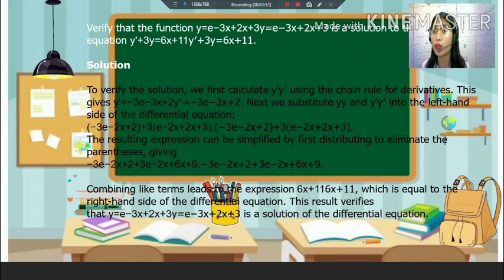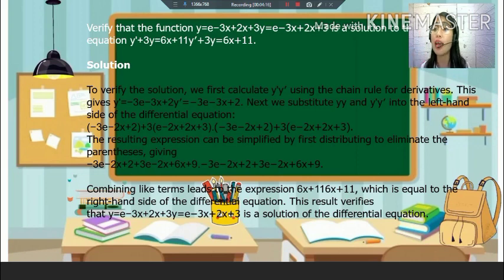And this is the solution. To verify the solution, we first calculate y prime using the chain rule for derivatives. This gives y prime equals negative 3e^(-3x) plus 2.